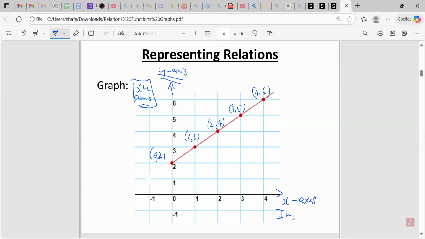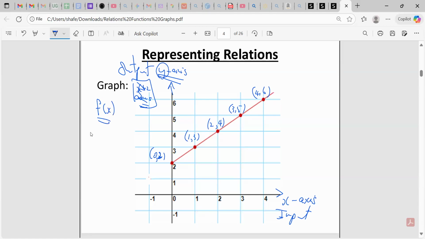Let me write, I think this is a better description: input and output. The output is on the vertical axis. The input is on the horizontal axis. Later on, you'll see why we're calling this the y-axis, and you'll see us using function notation. We'll call it the f(x) axis.